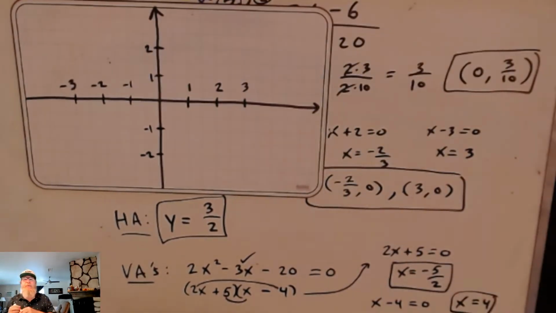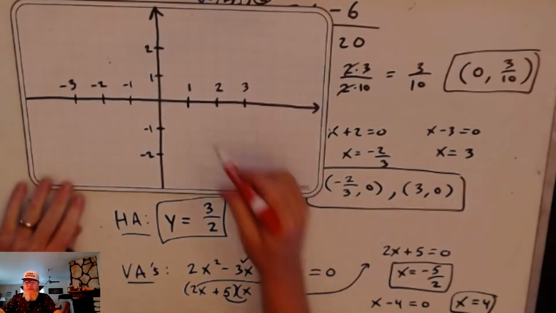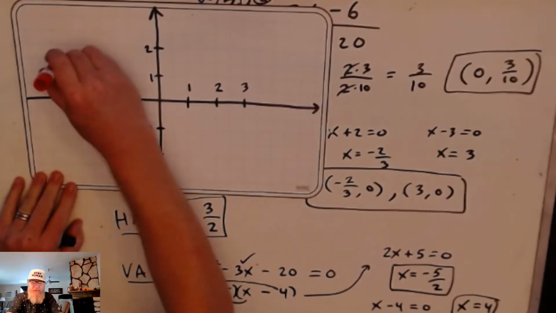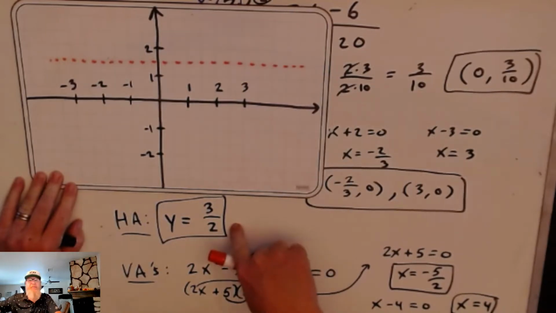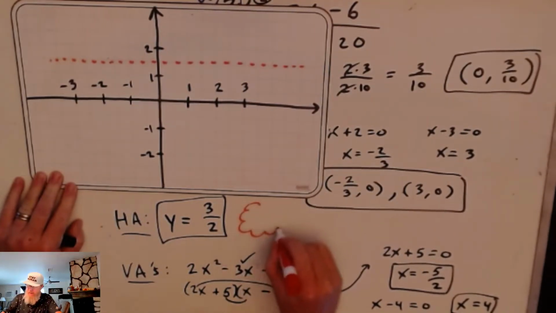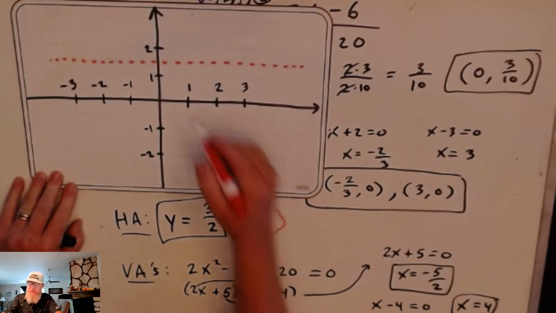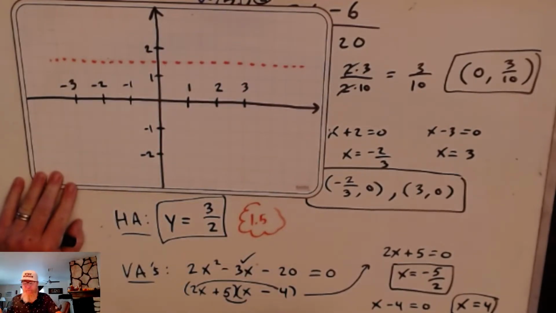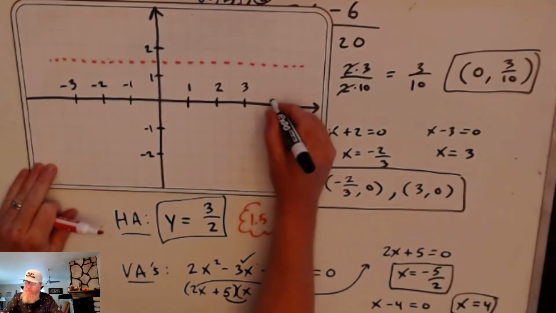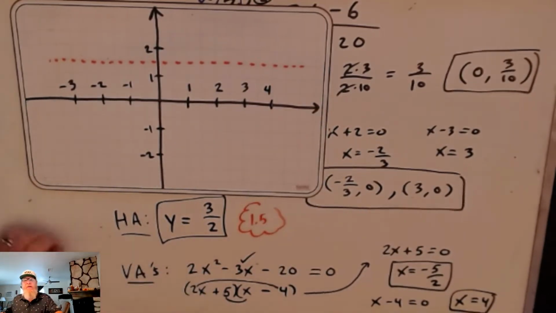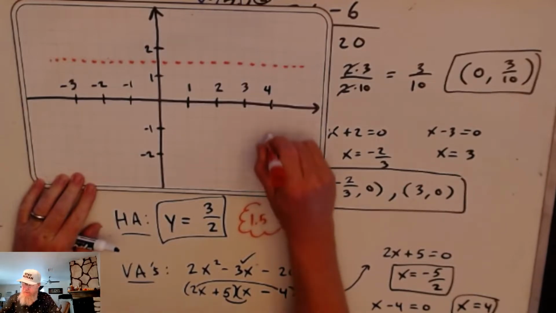All right. I like to put my asymptotes down first. So my horizontal asymptote is 3/2, which is the same as 1.5. So in my head, I'm thinking 1.5. So it's right here in between 1 and 2. I have two vertical asymptotes. I got one over here at 4, so right here.